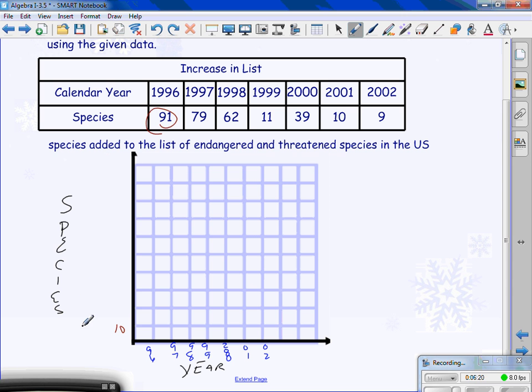Now we go to graph. In 96, how many species? 91. So 96 goes up 9 and just a hair. Now yours might be different if you didn't go by 10. The next one in 97 is 79. So I go up almost to 8.